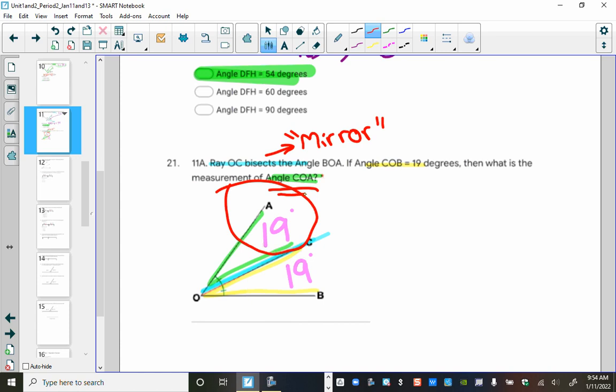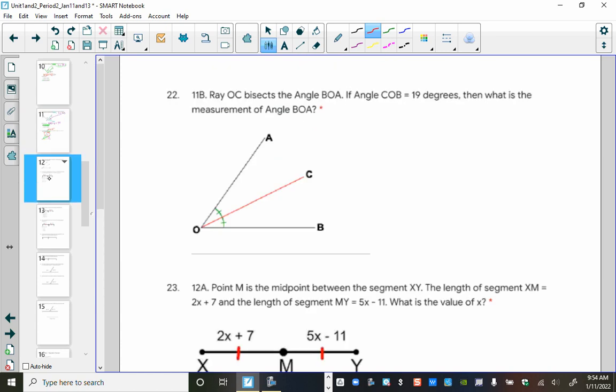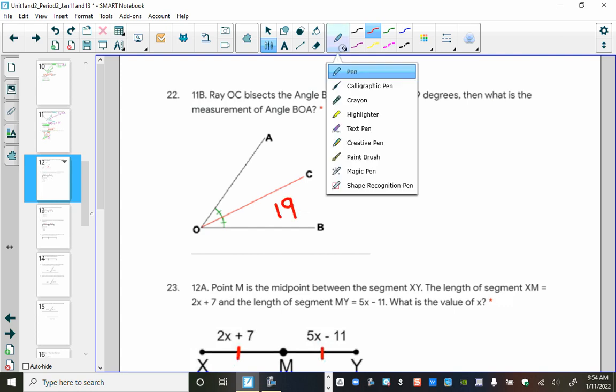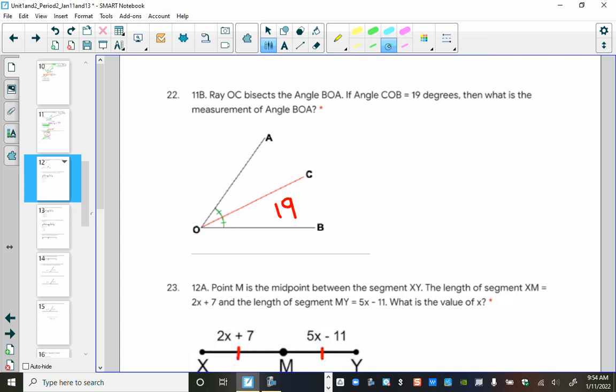Bisector, mirror. Now, both of these angles are going to be 19. If you go to the next problem, you know that this angle is 19. You have a mirror.